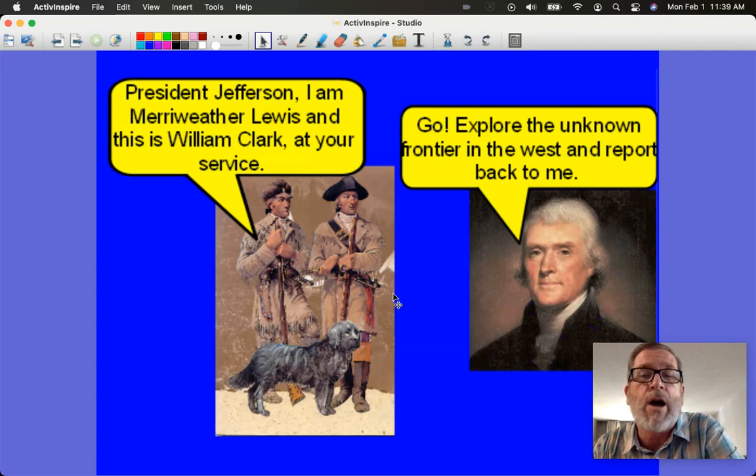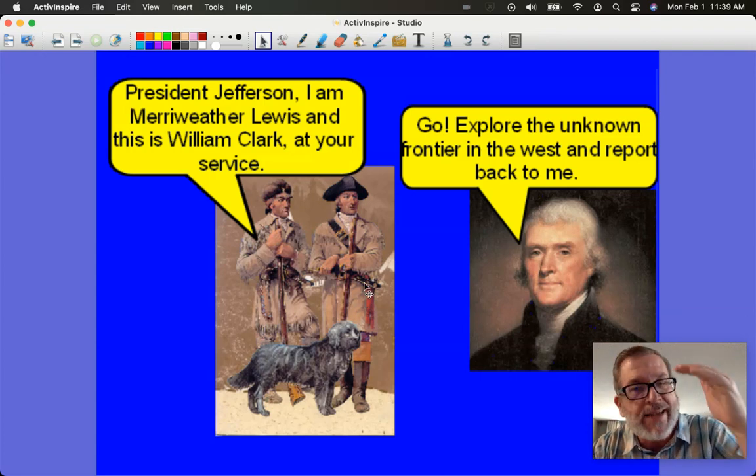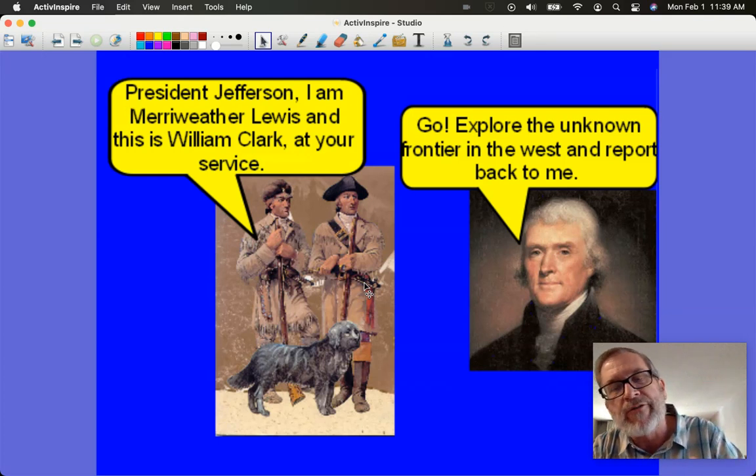We know a lot about this expedition because both of these gentlemen kept very detailed diaries of their daily activities during the whole trip, like day by day. They told what did they eat? What were some of the conflicts that they ran into? What were some of the hazards? What were some of the moments of contact with Native Americans?